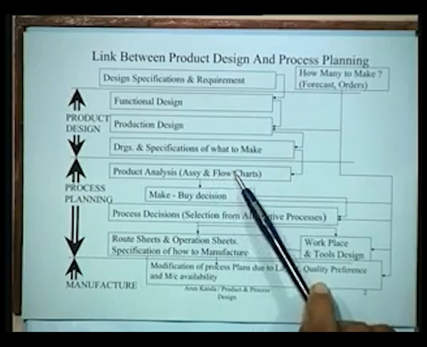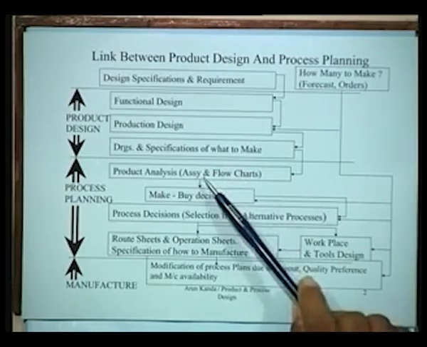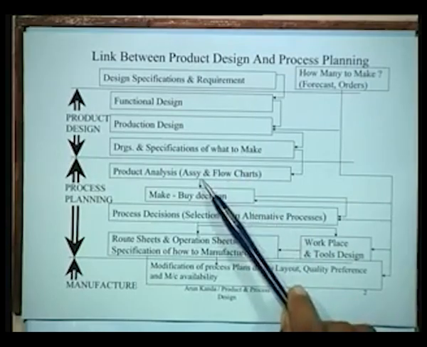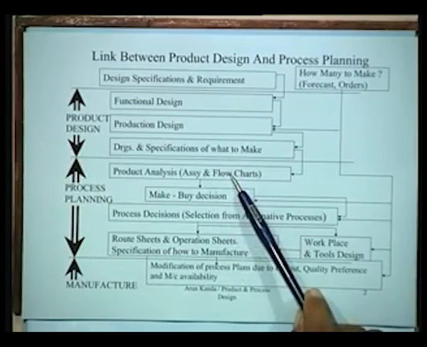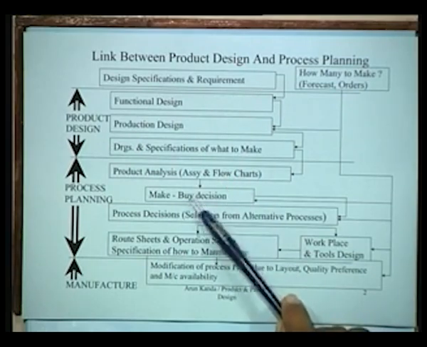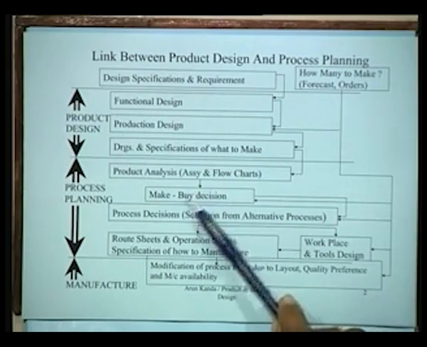We'll just see, for instance, what we mean by assembly charts and flow charts, but let's first look at the entire flow of information. And the assembly and flow charts will actually specify the various components which go into making the complete product design. Then about each component you have to take the decision on whether to make it or buy it. Many of the components are standard components, so you prefer to buy them.